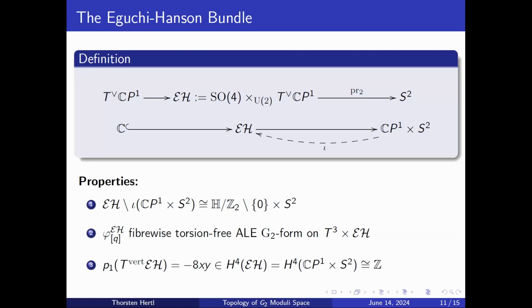It has a smaller isometry group. And U(2) is the stabilizer of this form on Eguchi-Hanson space. So this is why we are using this construction. This is the motivation to consider that bundle, based on differential geometry.